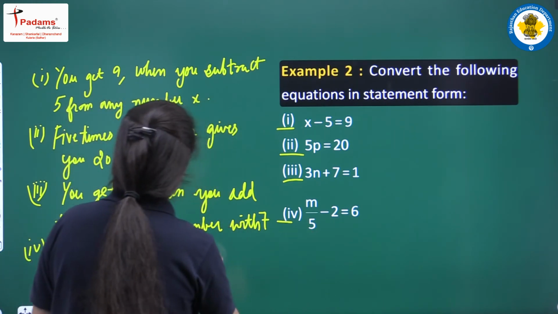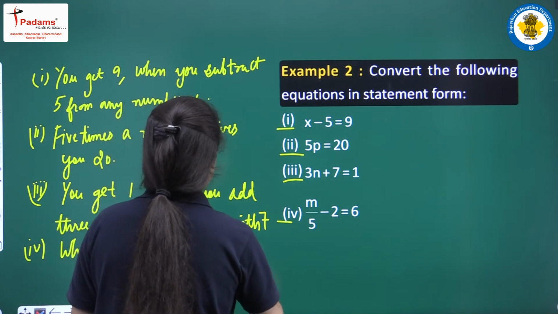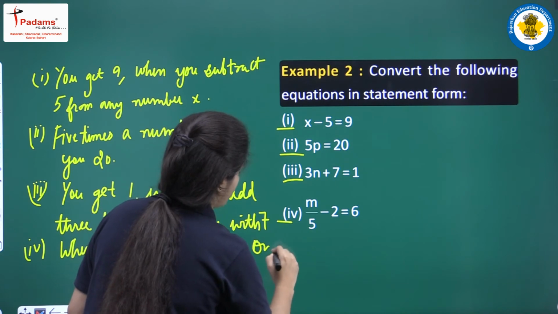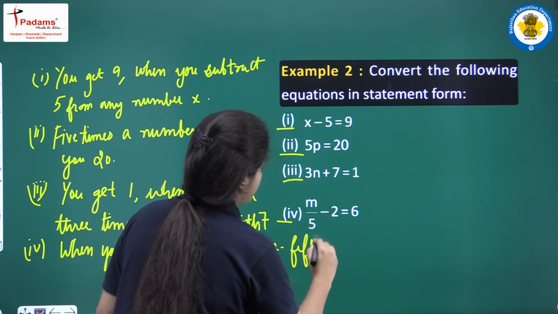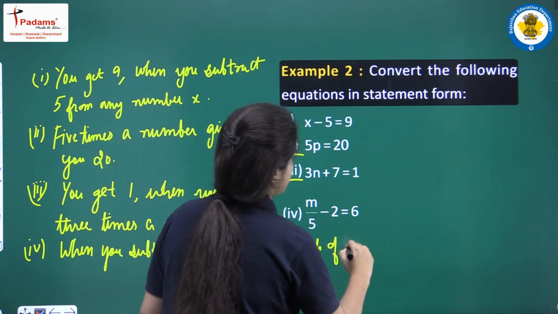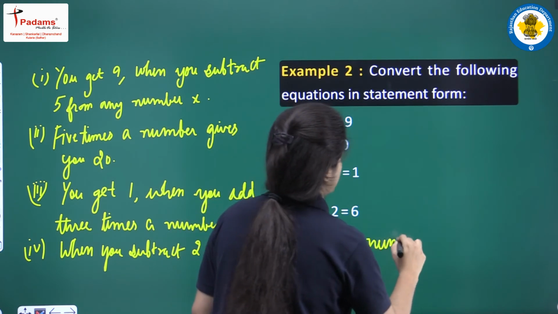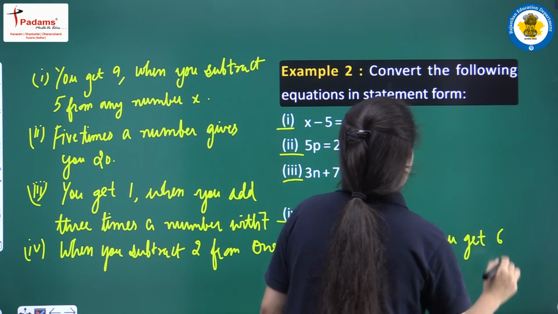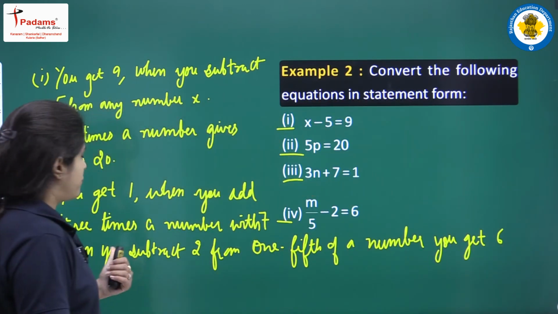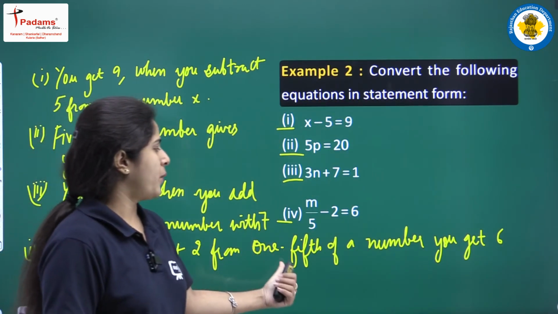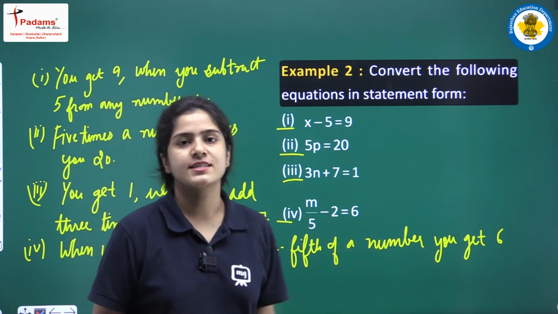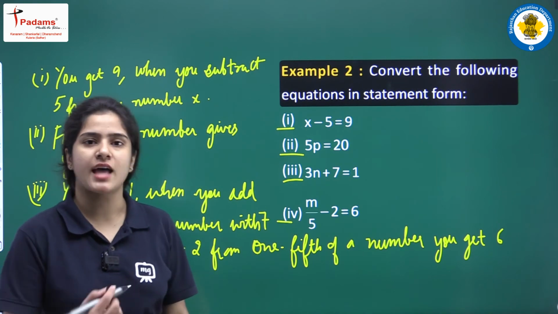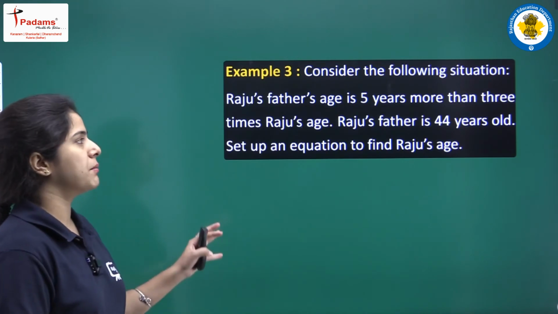When you subtract 2 from 1/5 of a number, you get 6. This is your statement of expression 4.